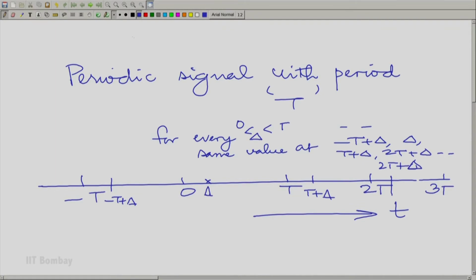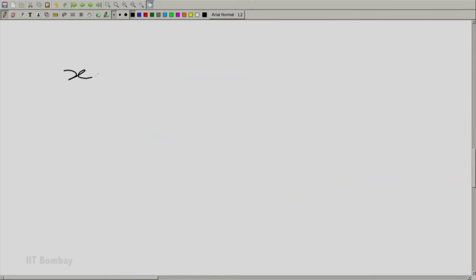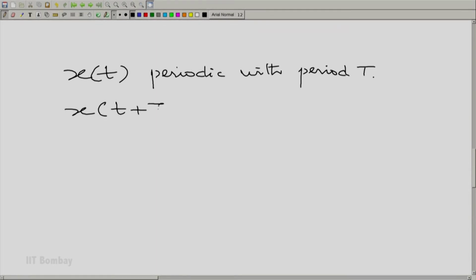Now, suppose if it were possible, we could decompose this signal. So, let that periodic signal be x of t. So, x(t) is periodic with period T. That means formally x of t plus T is equal to x of t, and this is true for all real t.